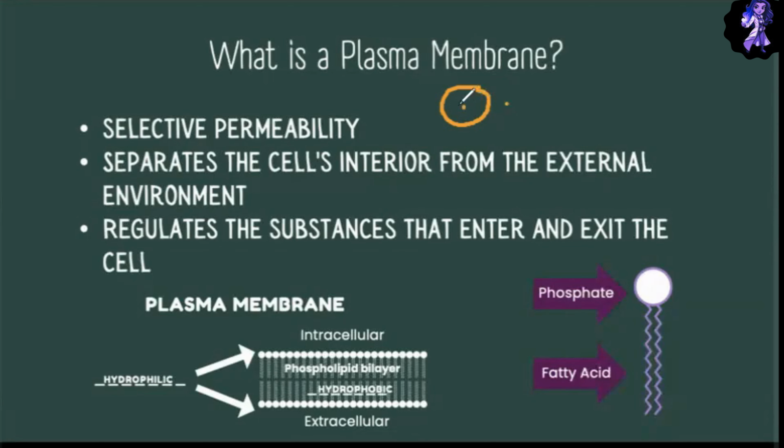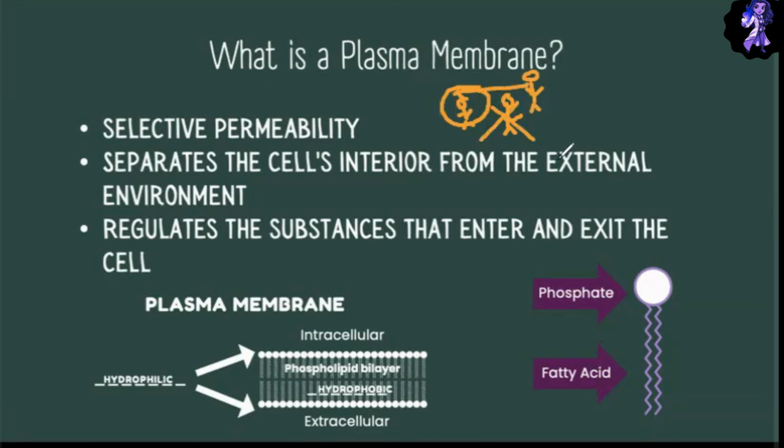And if you remember, we previously stated, let's say that the inside of the cell is you in your room and you want to ensure that maybe your brother doesn't come inside the room, but maybe you have another sibling that you want to come inside the room.